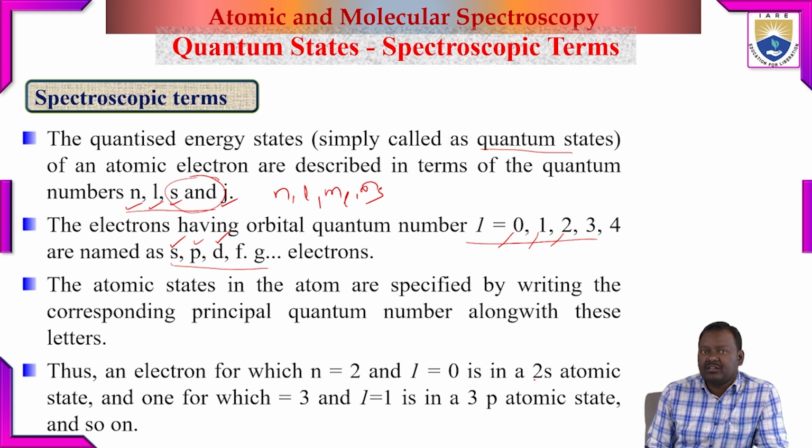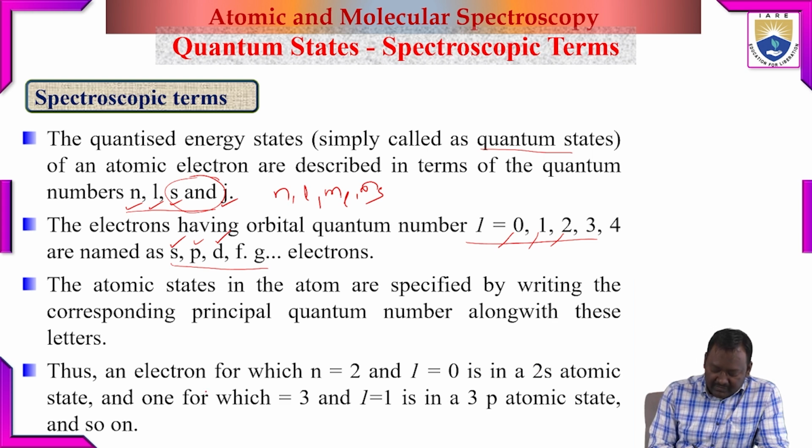In general, different orbitals with the same principal quantum number can have different orbital angular quantum numbers. For n equal to 1, the value available for L is only 0. For n equal to 2, the L value could be either 0 or 1.